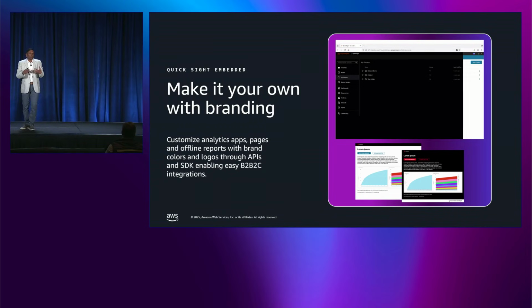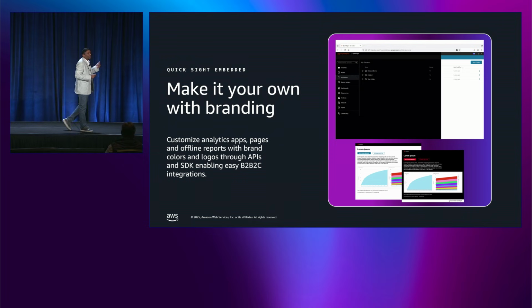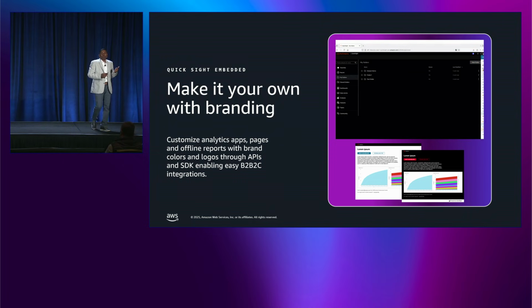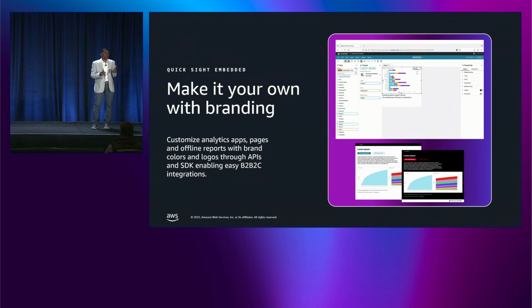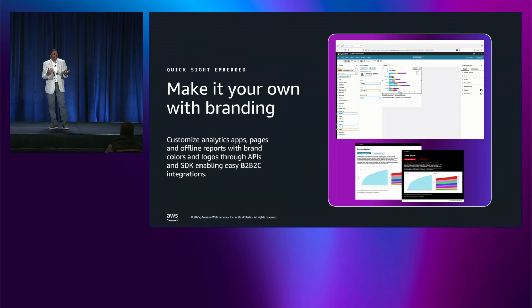and make the experience your own with custom branding and theming. With brand definitions, you can define your brand colors, your brand logos, and that brand gets respected across all of the consumption layers.